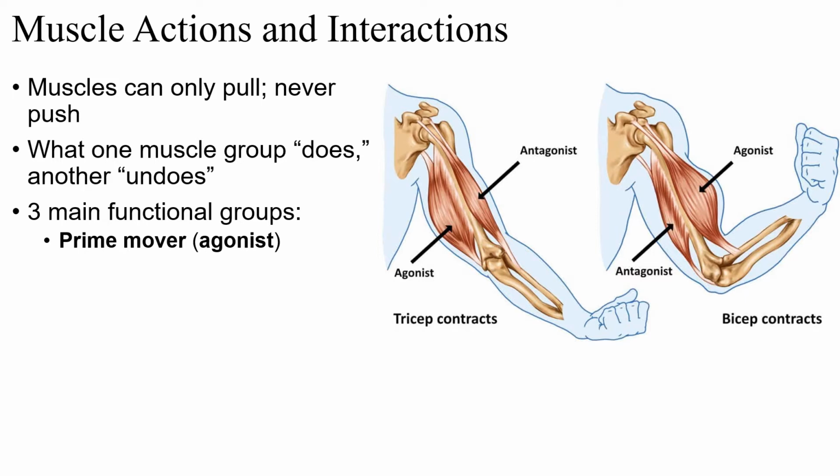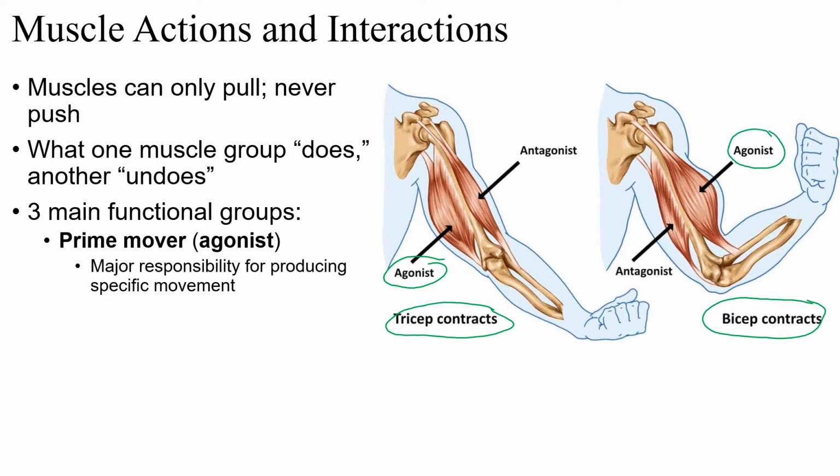When the triceps are contracting, our agonist is going to be the tricep. When our bicep is contracting, our agonist is going to be the bicep. This is the muscle that's responsible for the actual movement.